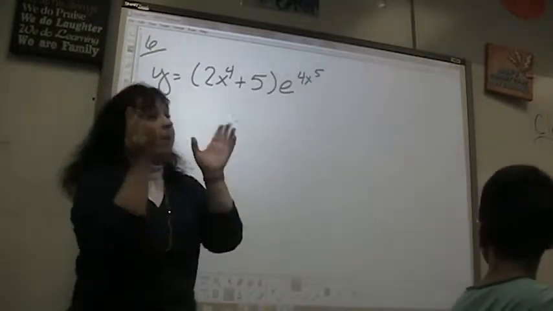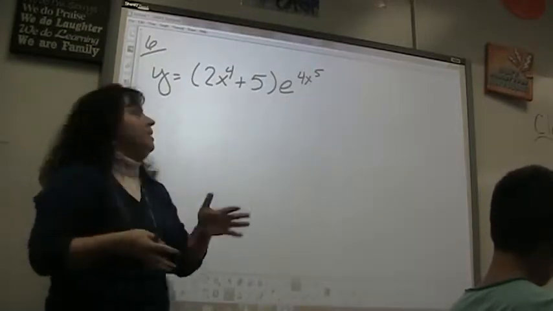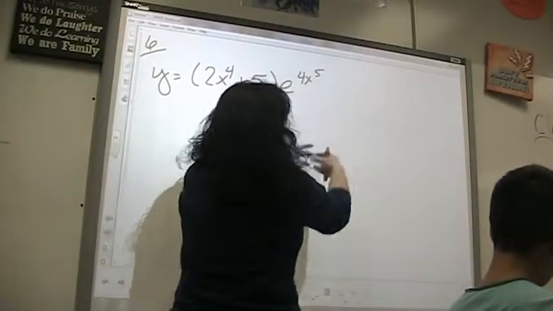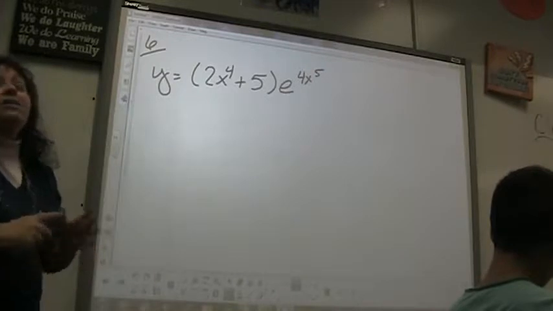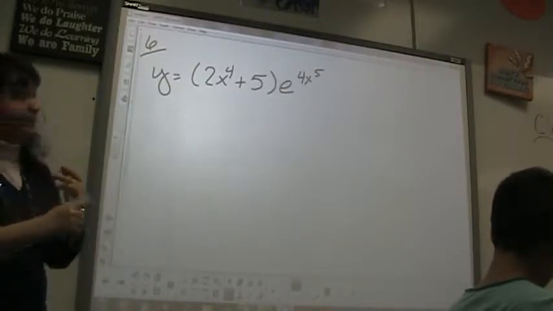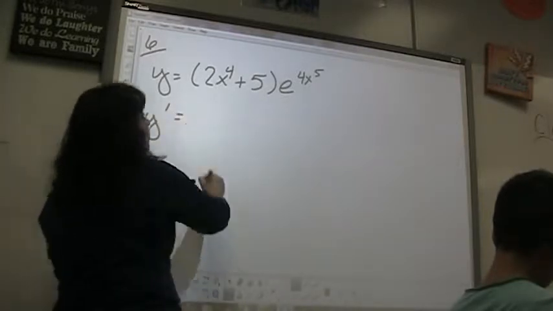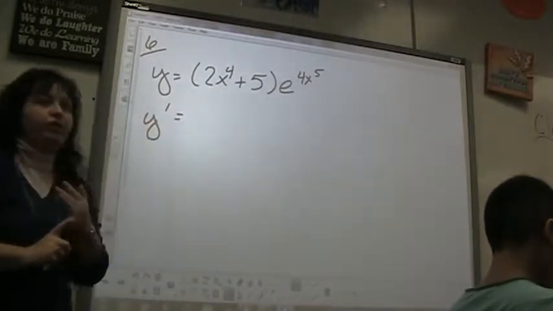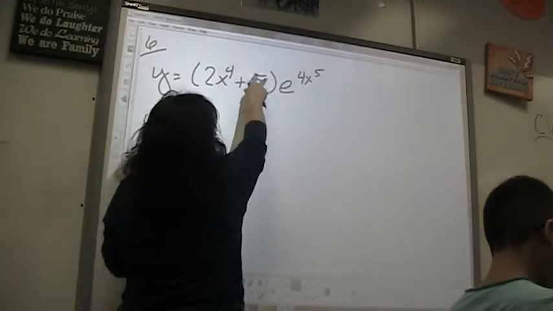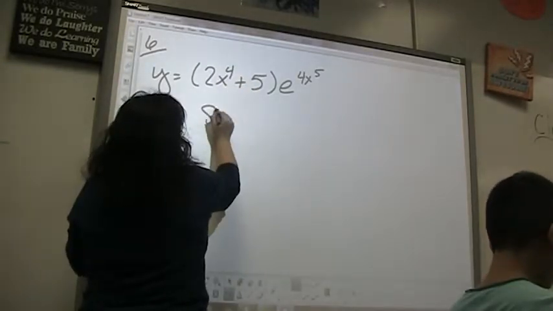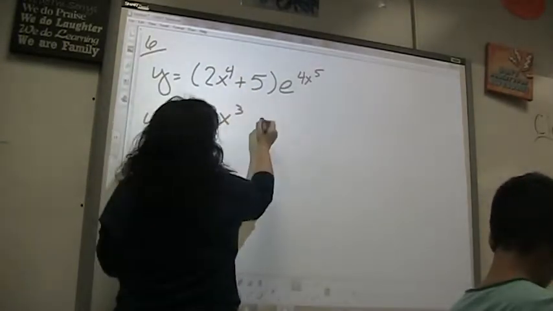Where here am I multiplying things? Yes, I have 2 different things together with multiplication. So this is the product rule. Okay, so the product rule is the derivative of the first, so the derivative of this is 8x cubed, times the second.